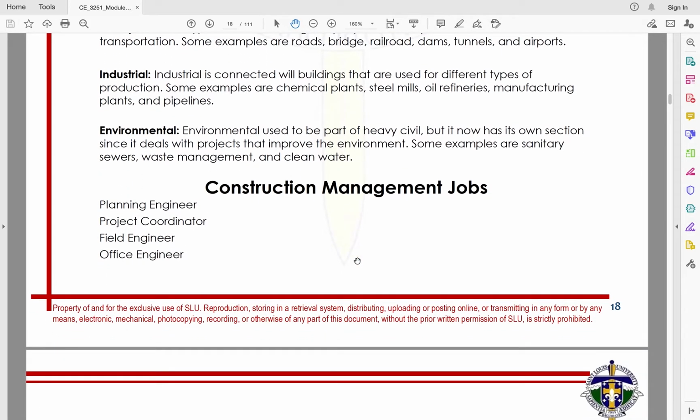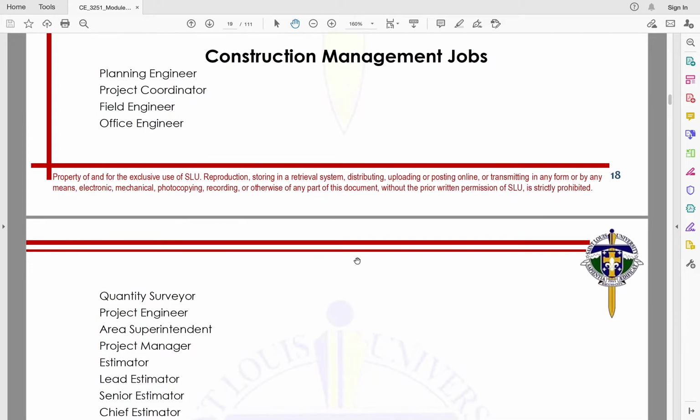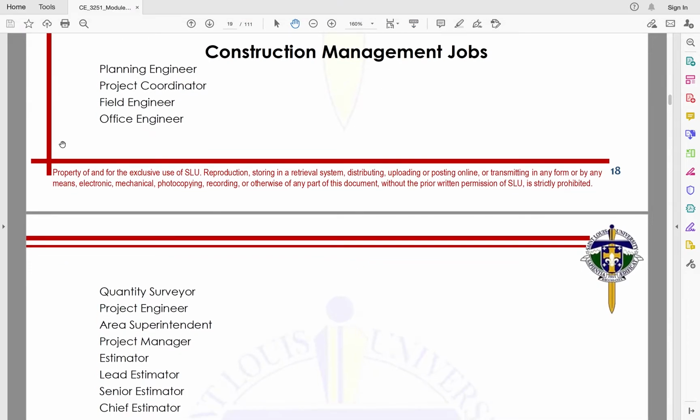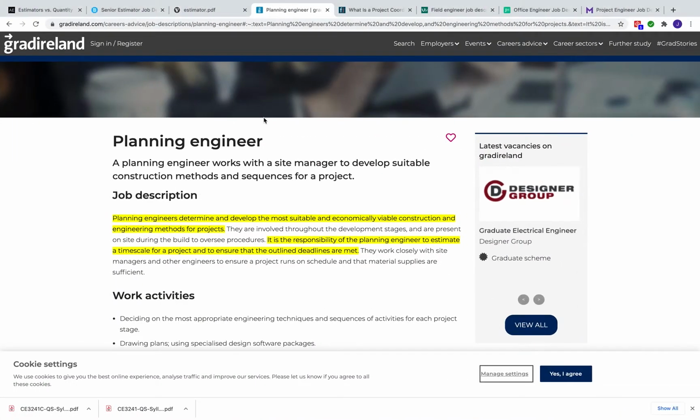Okay, so what are the construction management jobs? So we have planning engineer. So what is a planning engineer? So a planning engineer determines and develops the most suitable and economically viable construction and engineering methods for this subject. Okay, so for different kinds of project, of course, may mga iba't ibang economically viable and suitable methods for those projects.